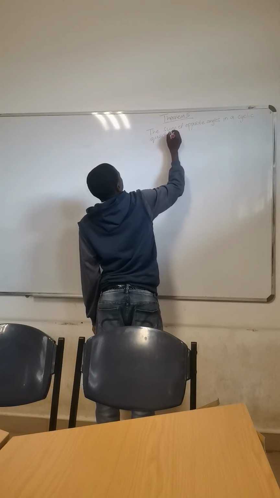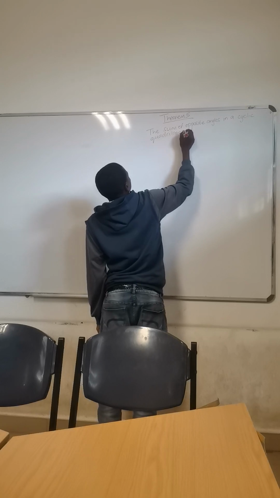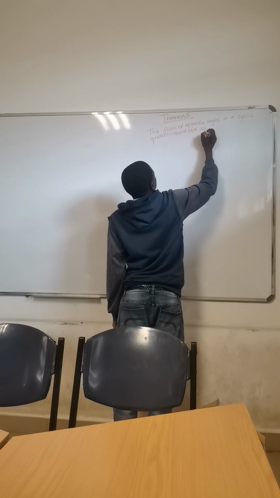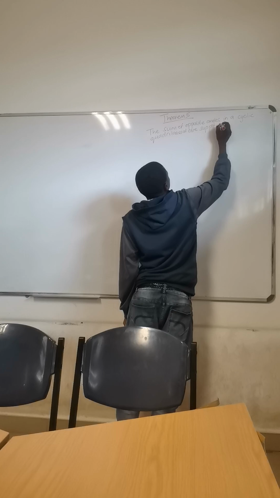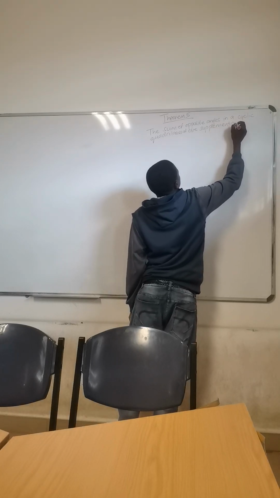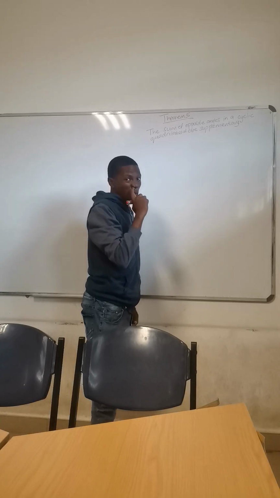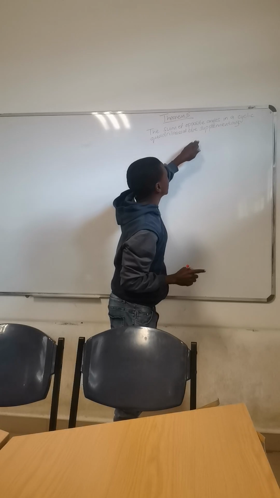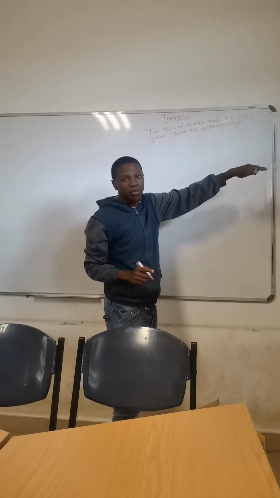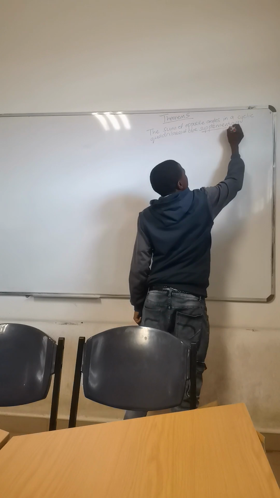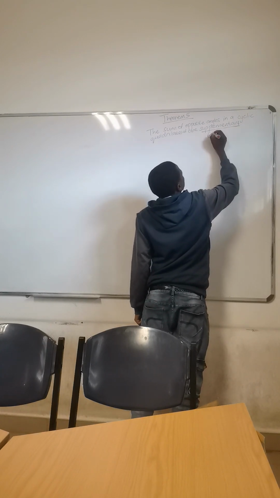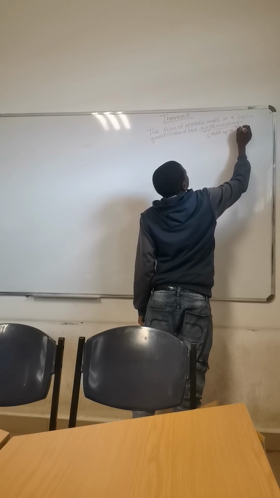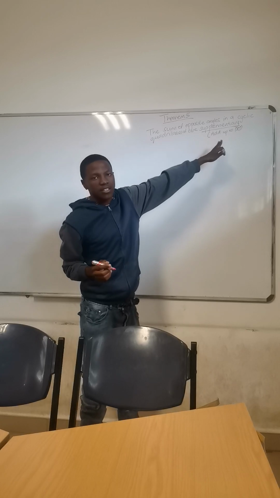In a cyclic quadrilateral, the opposite angles are supplementary. So, when we say the sum of opposite angles in a cyclic quadrilateral are supplementary, supplementary means they add up to 180. That's supplementary.